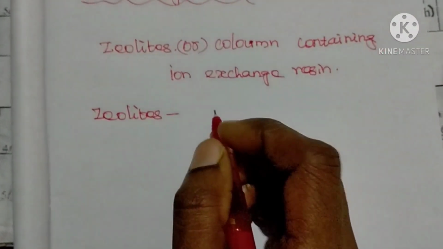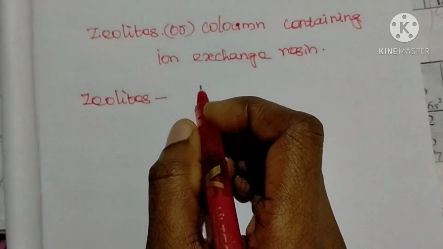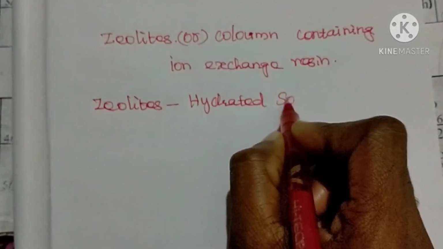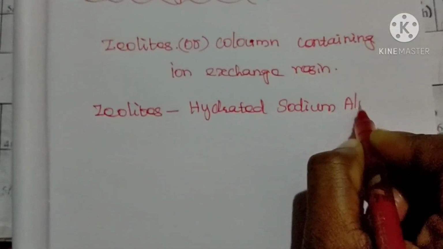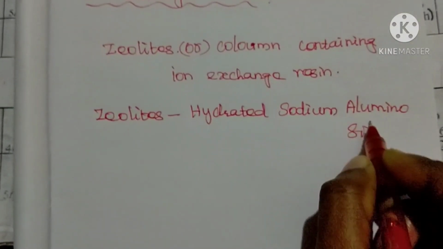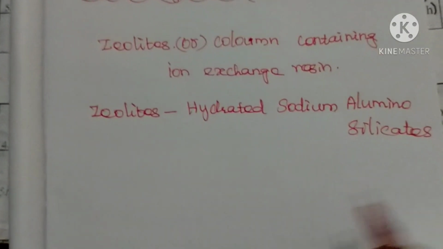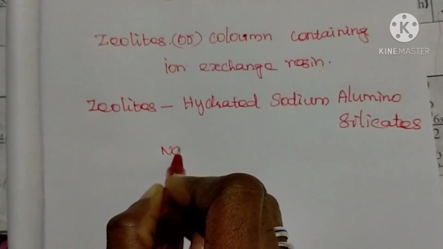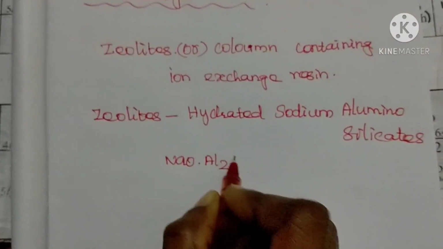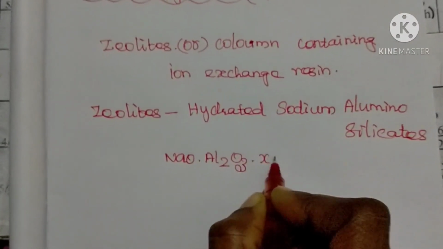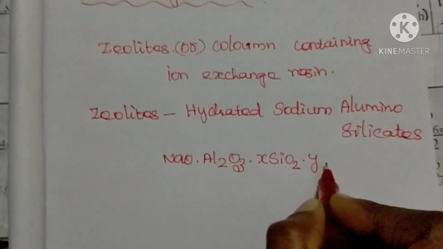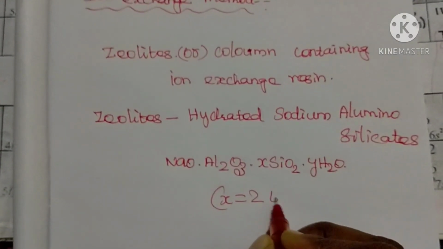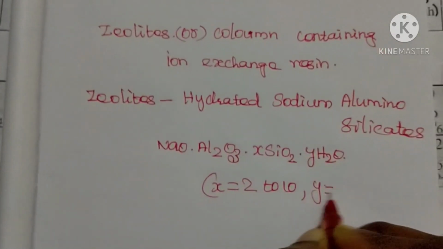The general formula of zeolites: one of the zeolites is hydrated sodium aluminosilicate. The formula of hydrated sodium aluminosilicate is Na2O.Al2O3.xSiO2.yH2O.